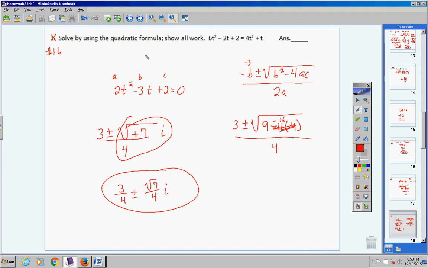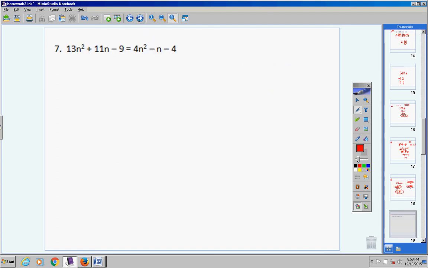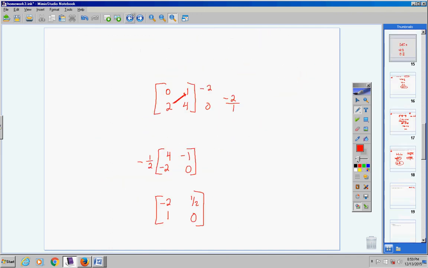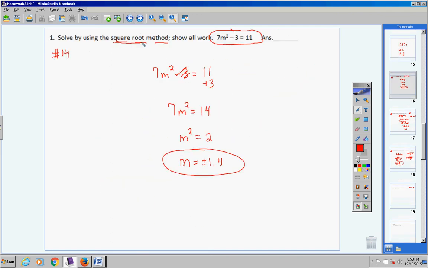Okay. Now let's practice a couple more of these. Just one more, okay? On this one here, you can use whatever method you want to use. Now I want to point out to you, you have an n squared term, and that's the highest exponent you have. So you know right away you have a quadratic equation. Anytime you can use the square root method, do it.